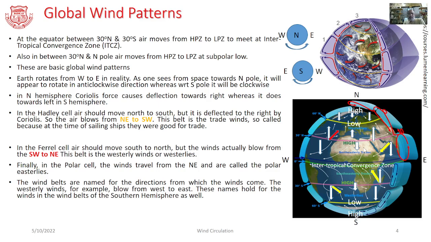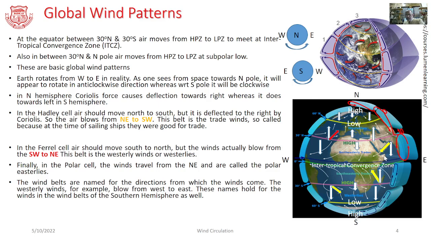In the Hadley cell, air should move from north to south. But as it is deflected towards the right due to the Coriolis force, in reality, the air blows from the northeast to the southwest direction.